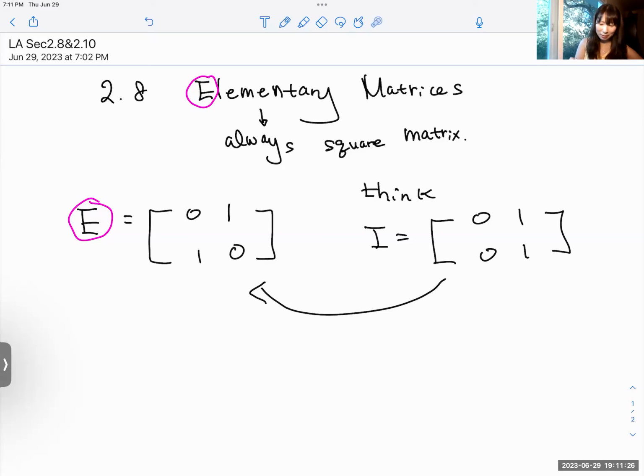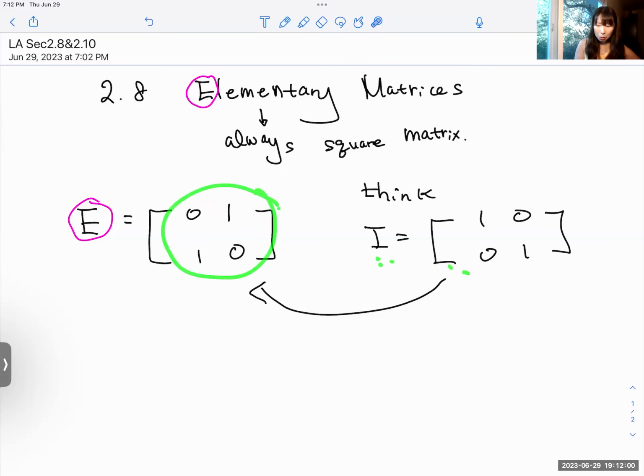From the identity matrix, normally we have a matrix that we make into the identity matrix, like an RREF. But in this case, for an elementary matrix, we're gonna think backward from the identity matrix.